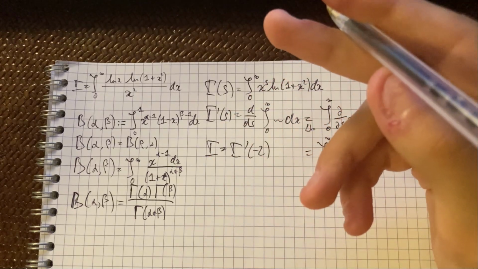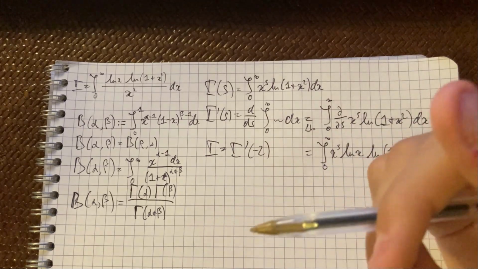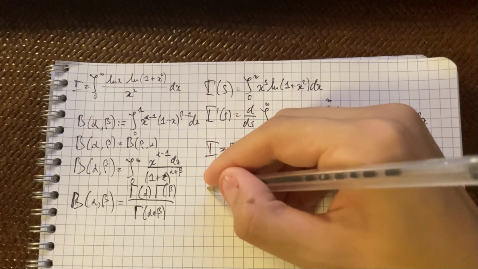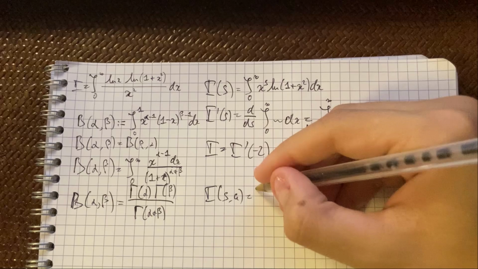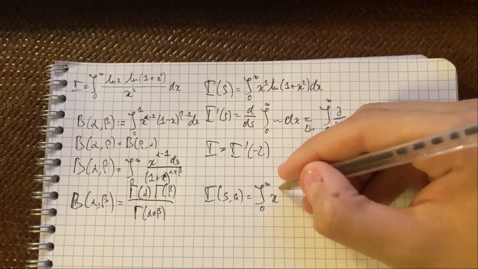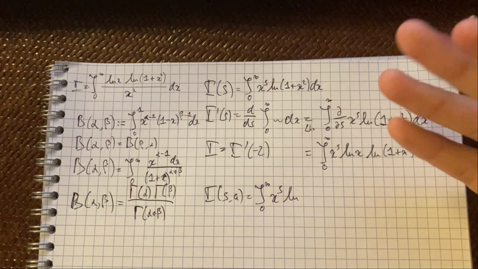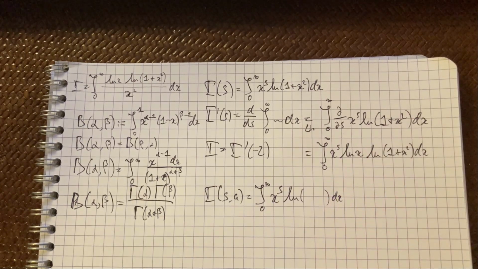We need to introduce a second parameter into the log, this time arbitrarily named a. So let's say I of s, a equals the integral from 0 to infinity of x to the s power times log of something, dx.